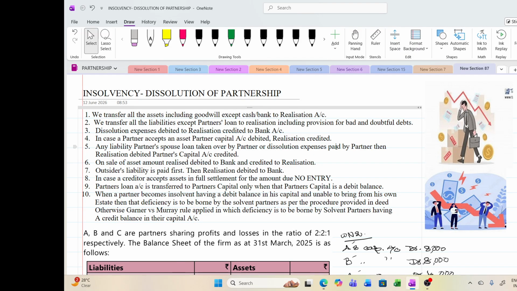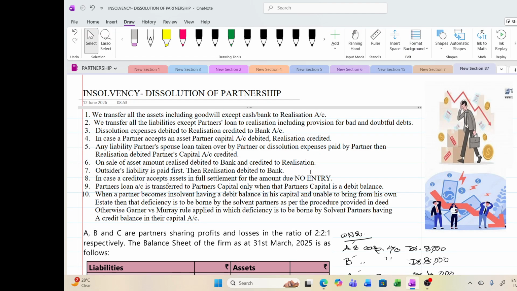If any liability like a spouse loan or any dissolution expenses are paid by the partner, then in that case it is the responsibility of the firm to make the payment, but the partner is making the payment. So instead of money going out of the bank, the partner pays it. So you have to credit the partner's capital account and debit the realization account.